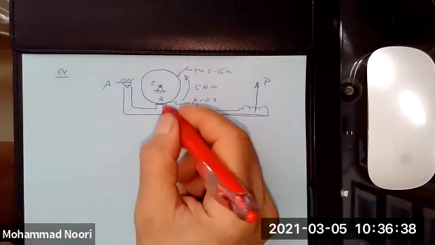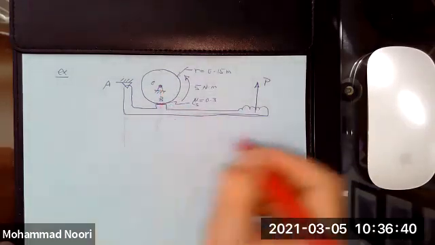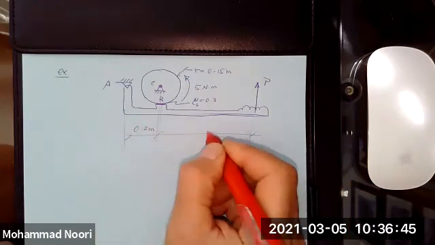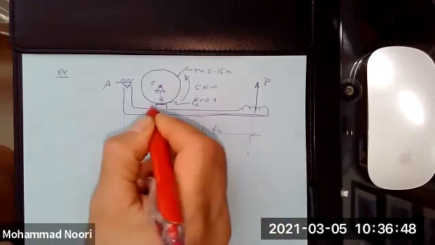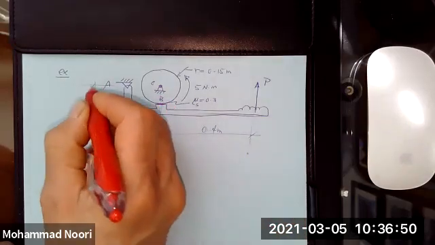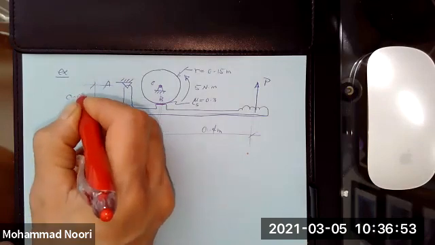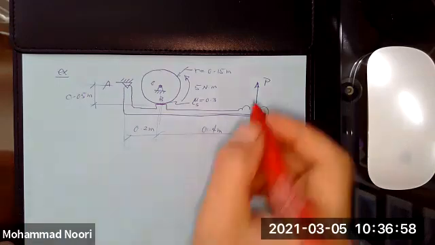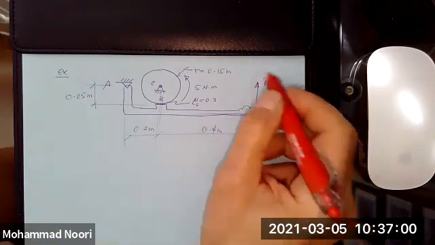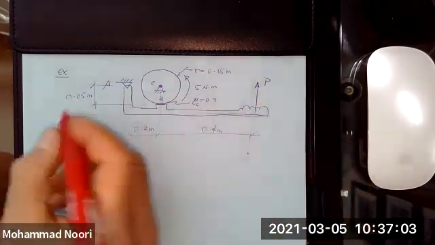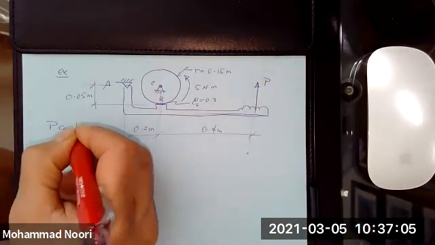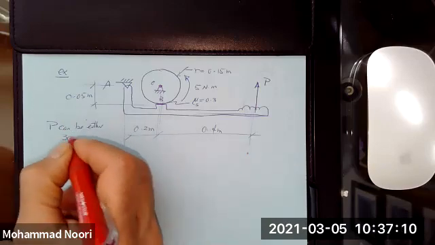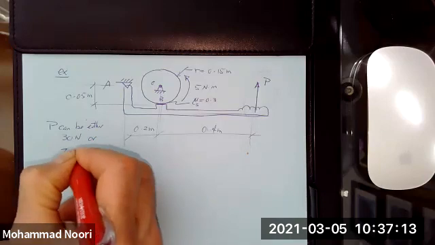Let me give you all these dimensions, okay? This is 0.2 meters, this is 0.4 meters, and this distance that you need is 0.05 meters. Now, the only problem is that you have only two possibilities. P can be either 30 Newton or 70 Newton.